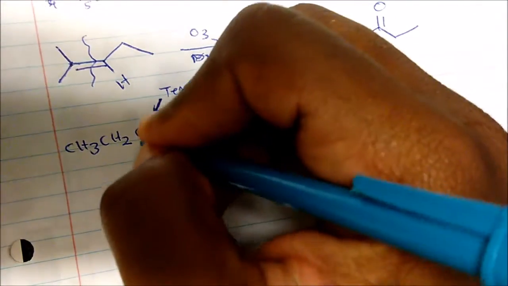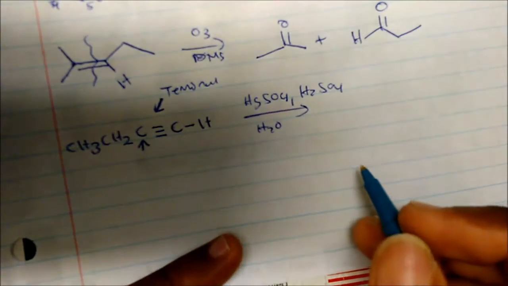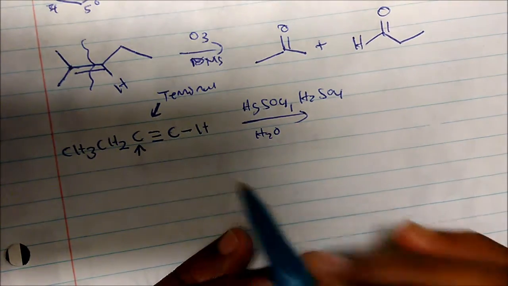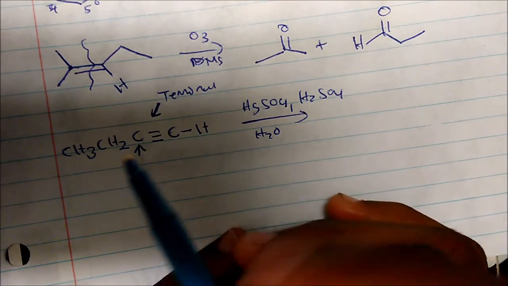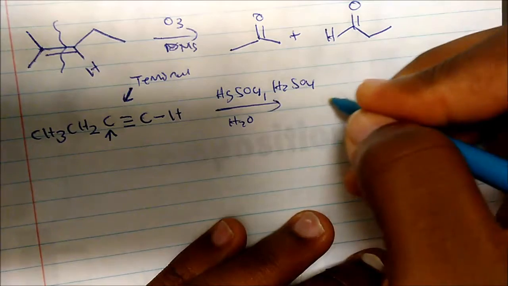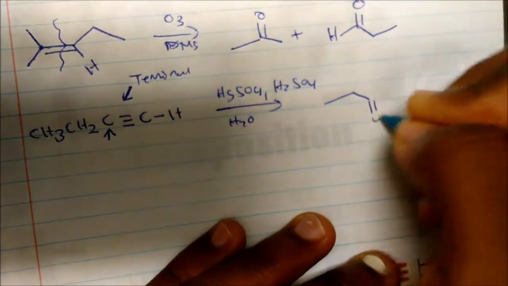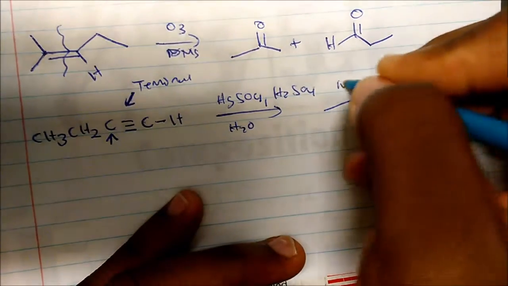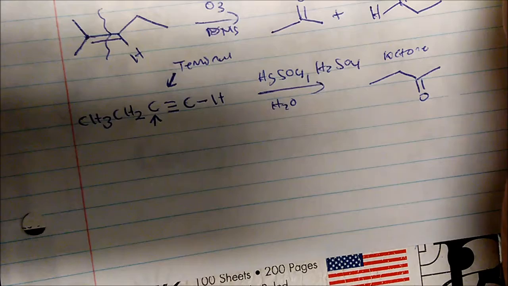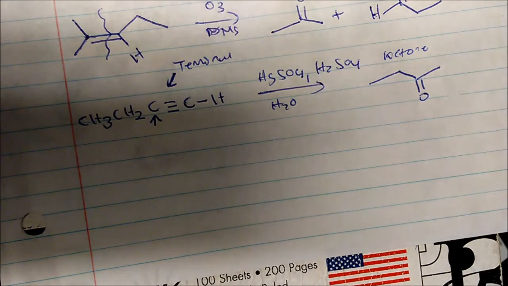On the third carbon, I'll get my ketone product. I'll always get the ketone product on the internal carbon, not the one closest to the hydrogen. So I'll get this product, a ketone. That's a reaction that is very important for us to know.